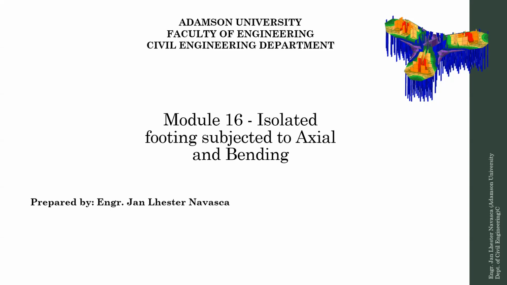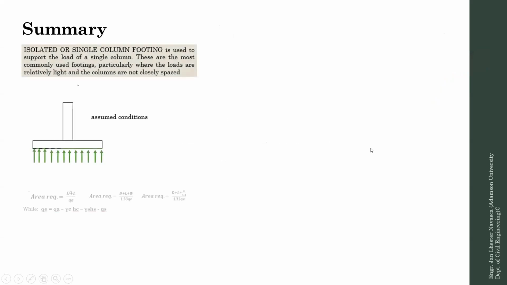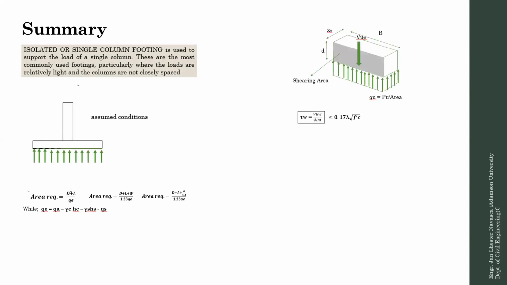So today we will discuss naman what is an isolated footing subjected naman siya with axial and bending. In the summary of axially loaded footing, we have your assumed conditions, which is uniform pressure below. The area required, which is QE from the dead load, live load, and effective soil pressure.